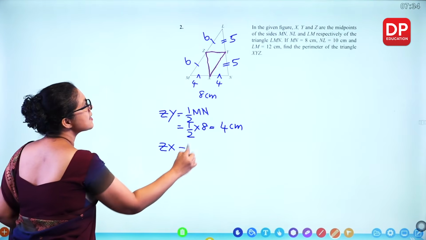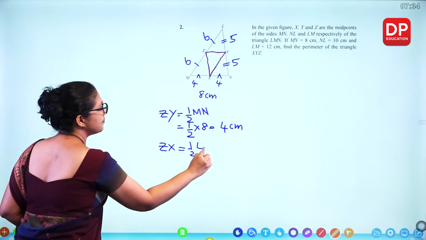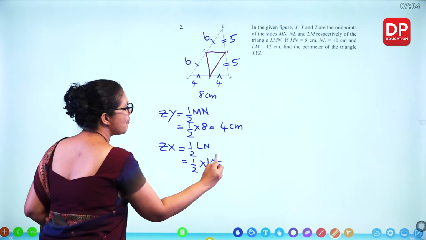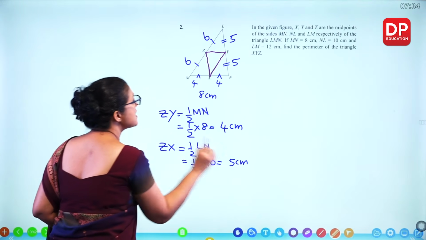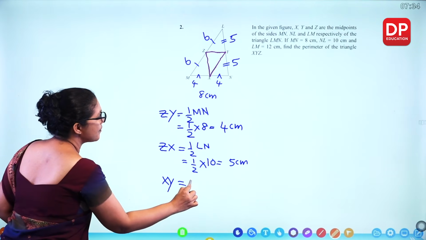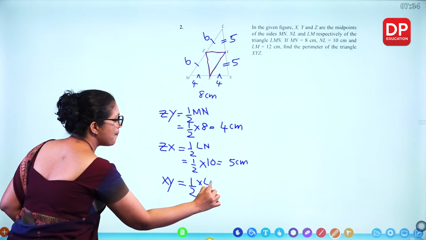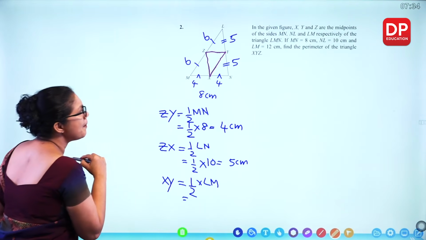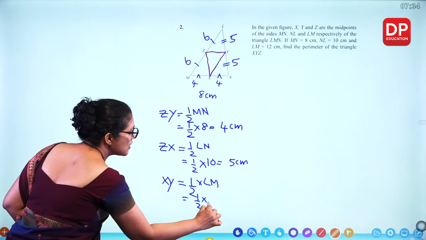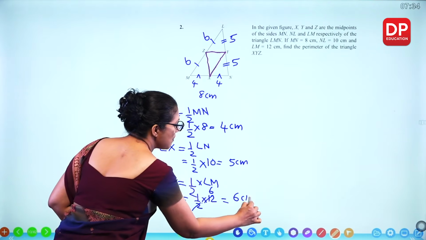Now apply the same thing for the other side. What is ZX? This one is half of LN. What is LN? LN is 10. Half of 10 is 5 centimeters. And what about the other side, XY? XY is half of LM. LM is given as 12. Half of 12 is 6 centimeters.